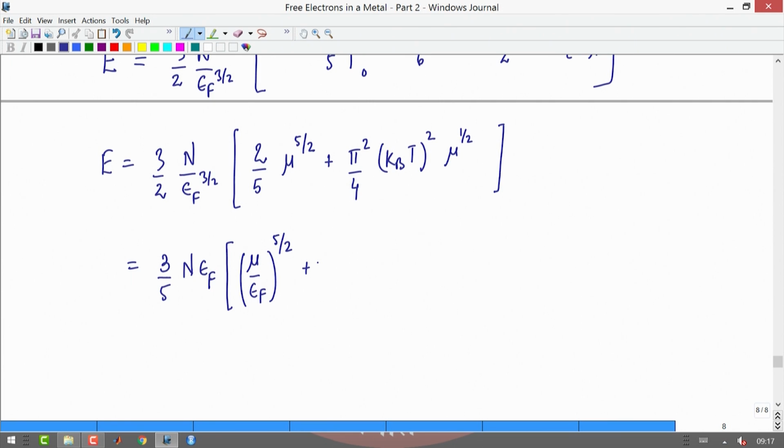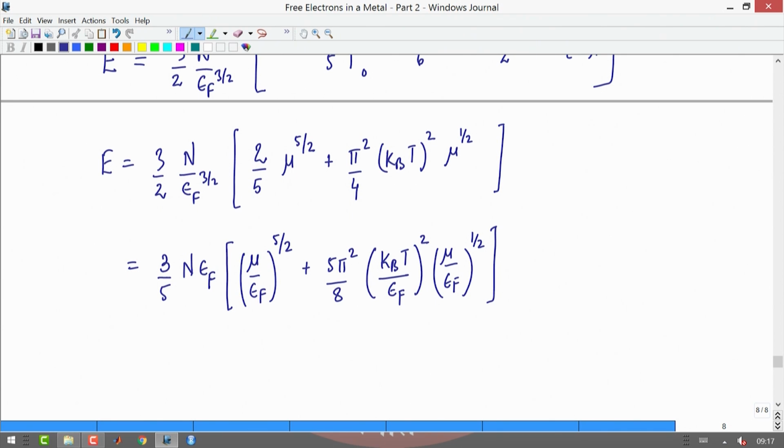And the second term inside the bracket I am going to write it as 5 pi square by 8, okay, because I pulled out a factor of 2 by 5. Okay, into kT over the Fermi energy to the power 2, and the last term I am going to write as mu over Fermi energy to the power 1/2.